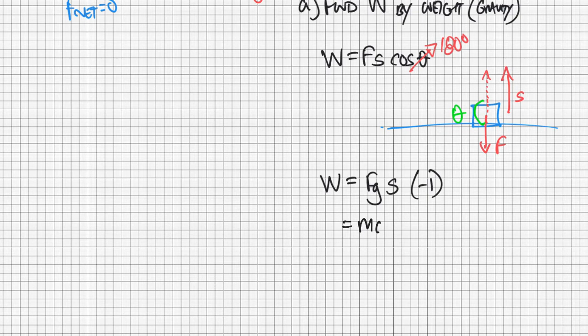That's going to be mass times gravity times my displacement times -1, which is going to equal 100 kilograms. Gravity we'll just plug in as 10. My displacement is 1.9, and then multiplied by a -1. So what we have here, 100 times 10 is 1,000.